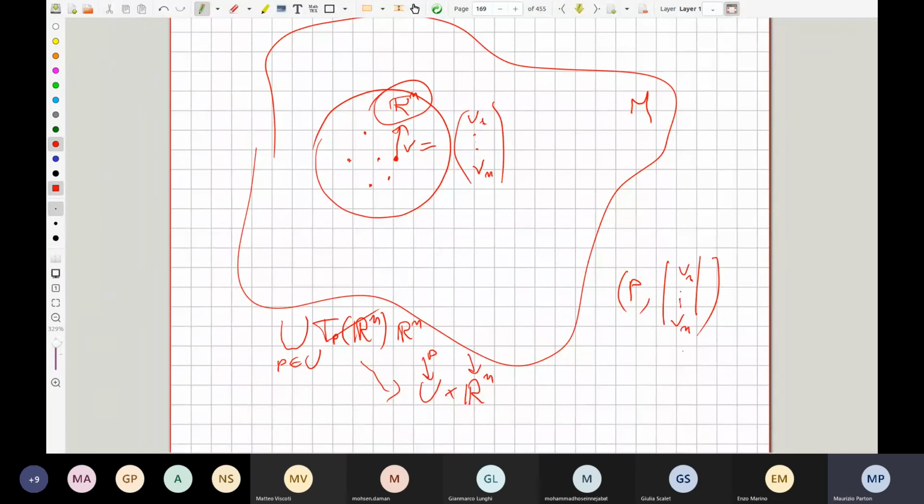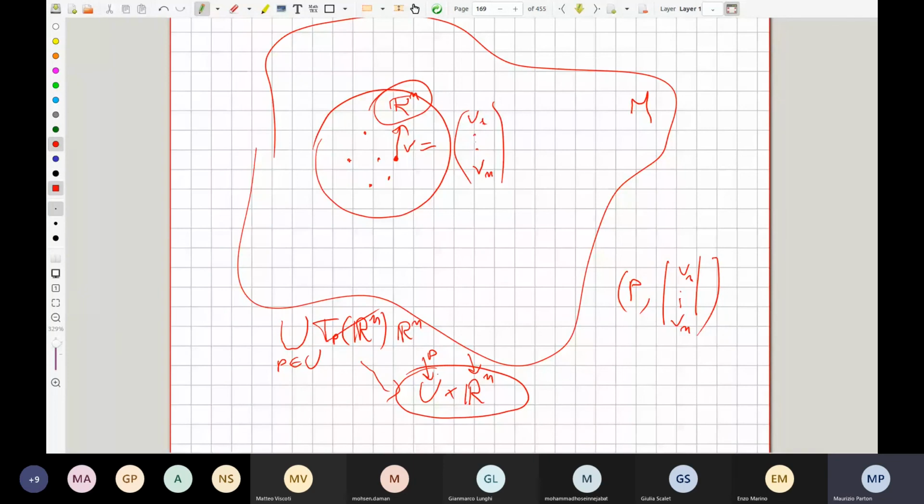Usually this is the tangent vector in Rn, in the very old definition. This U is an open set in Rn, or if you prefer, is Rn itself, because they are isomorphic. Let's think about an open set.